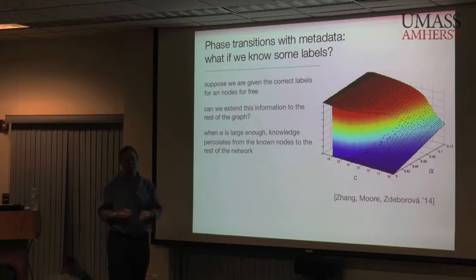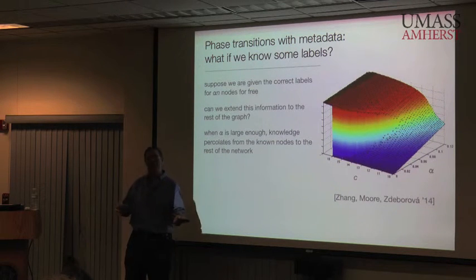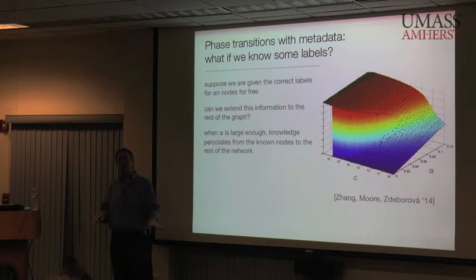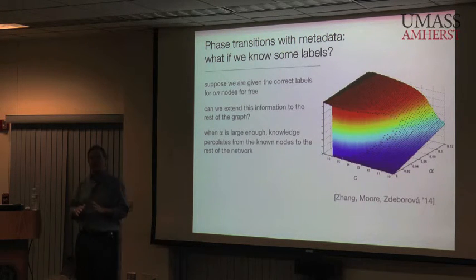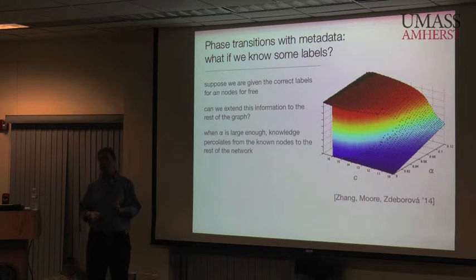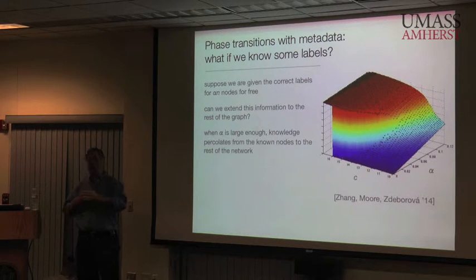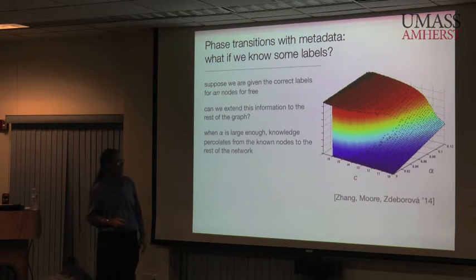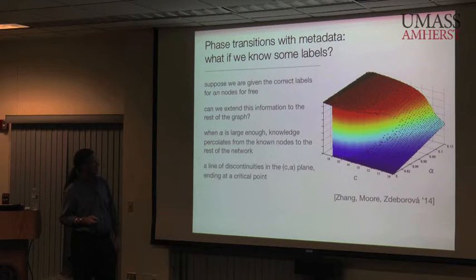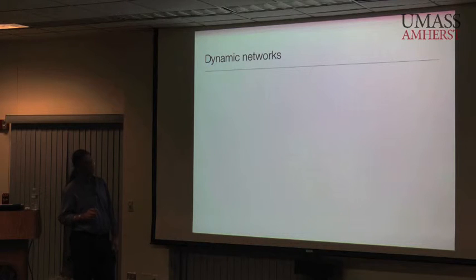You know their neighbors better than chance. Maybe you can do a little bit better than chance on their next nearest neighbors, but that it decays rapidly. But that if the number of known nodes I give you is above a certain threshold, then your information percolates to the entire network and you do well. So that's another nice phenomenon which we cannot prove rigorously.